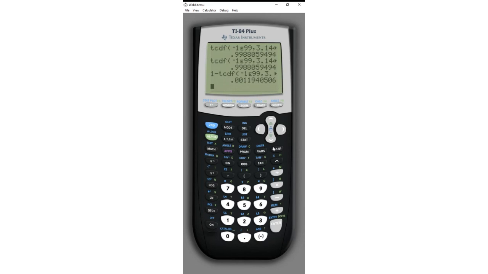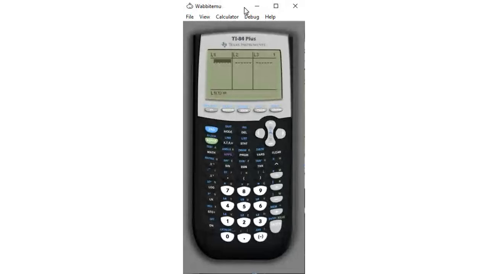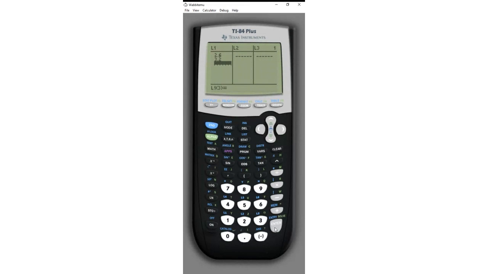So clear everything out, and then we're going to put the values in there. 2.6. 3.2. So we got our values in there, the 8 values.